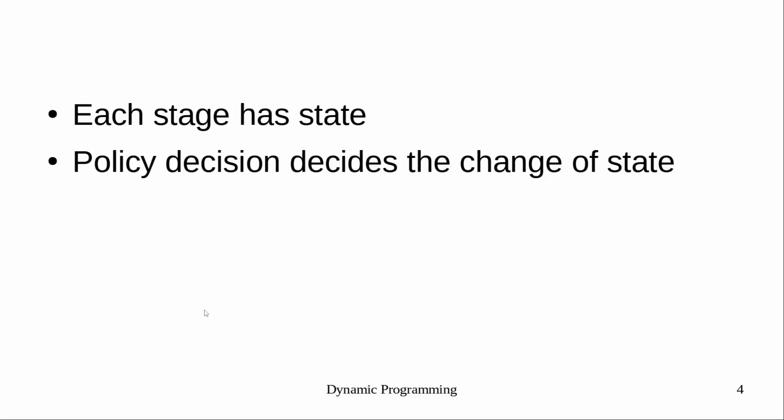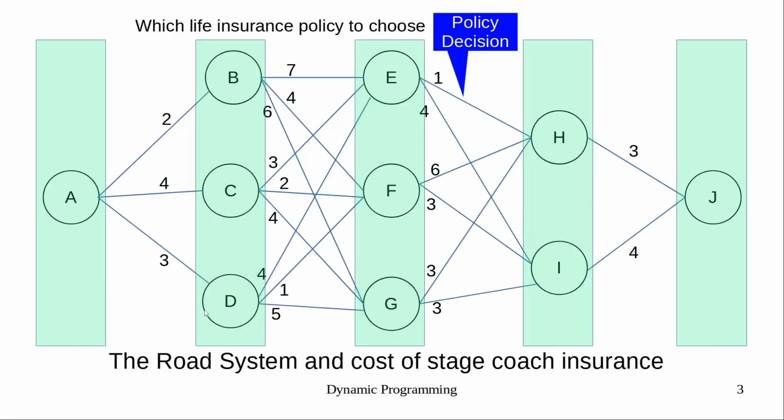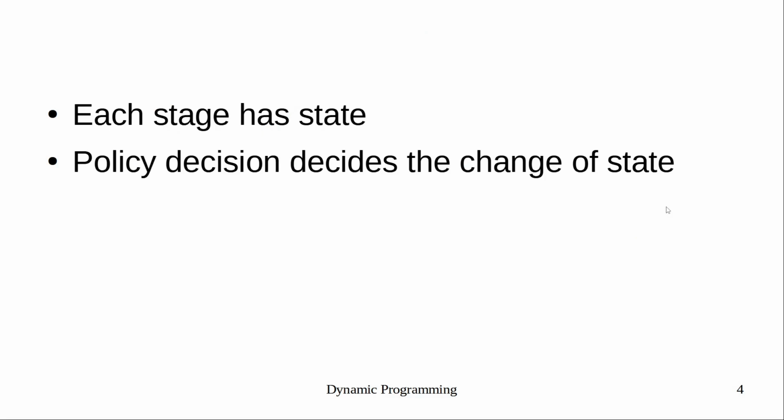Now each stage has states. Stage 1 has state A, stage 2 has states B, C or D, stage 3 has states E, F or G, stage 4 has states H and I, and stage 5 has state J. Also, there's a policy decision involved in going from one state to another state.